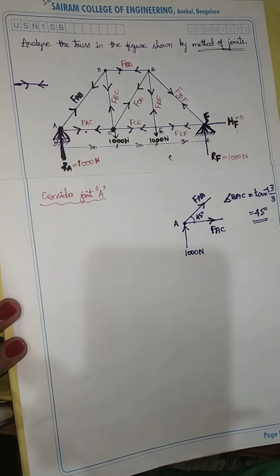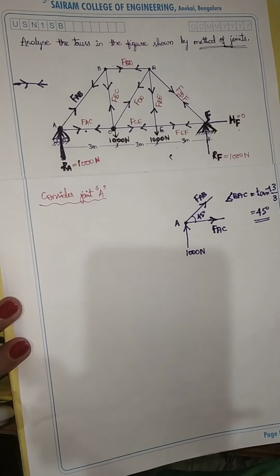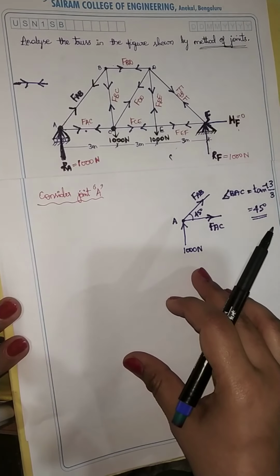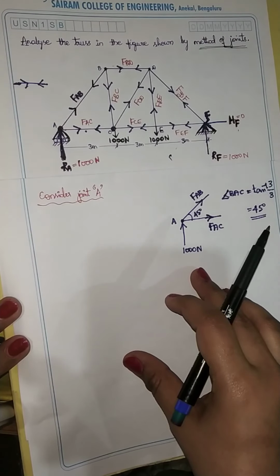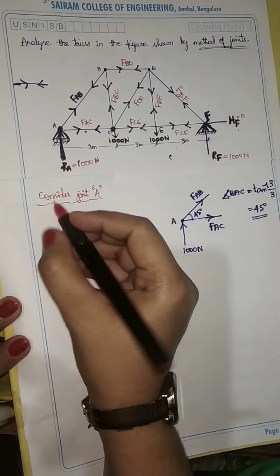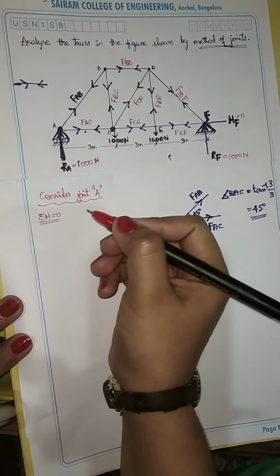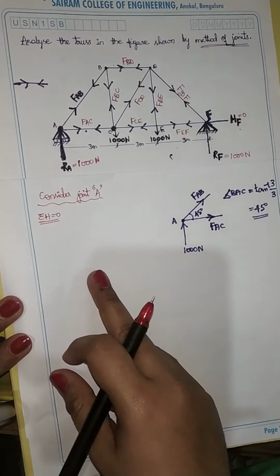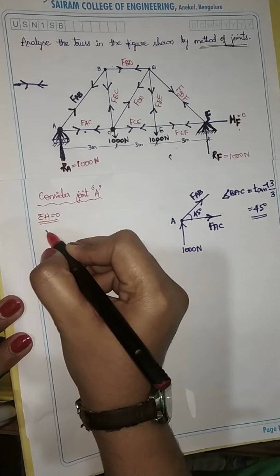Now we will consider the equilibrium conditions. We already know from the previous chapter, equilibrium of forces, what the equilibrium conditions are: sum of H is equal to 0, sum of V is equal to 0. First, sum of H equals 0. Which horizontal forces do you have here? First we collect all the horizontal forces.